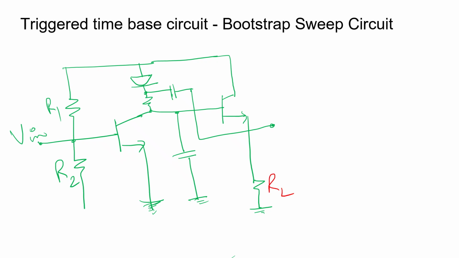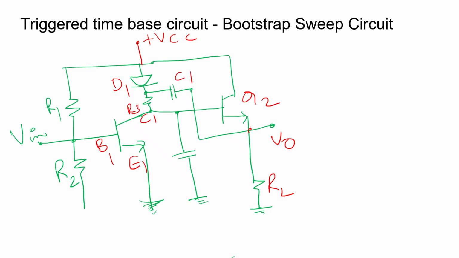Here we have R4 resistor, V0 output, Q2 transistor connected to plus VCC, diode D1, base, emitter, collector, R3 resistor, capacitor C1 and capacitor C2. Here the circuit has two components.